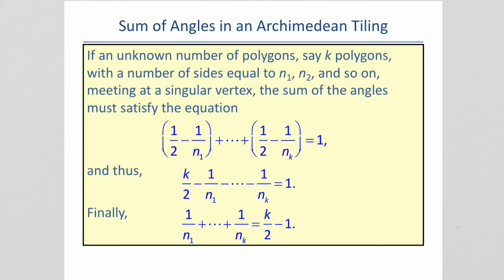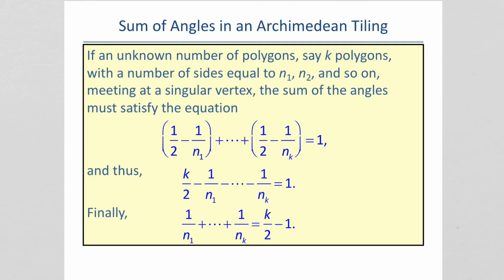The sum of the angles in an Archimedean tiling, well, there's a little proof here for you, but basically it ends up to be this: 1 over n sub 1 plus 1 over n sub 2 plus 1 over n sub 3, and so forth, to however many there are, 1 over n sub k, is equal to k over 2 minus 1.